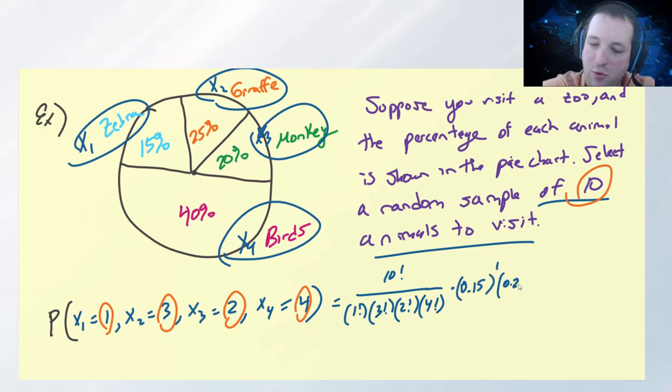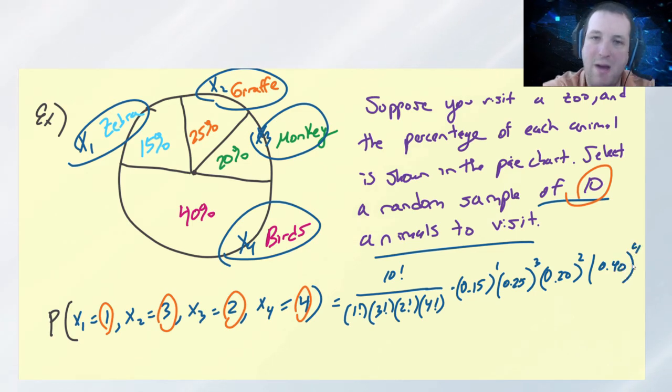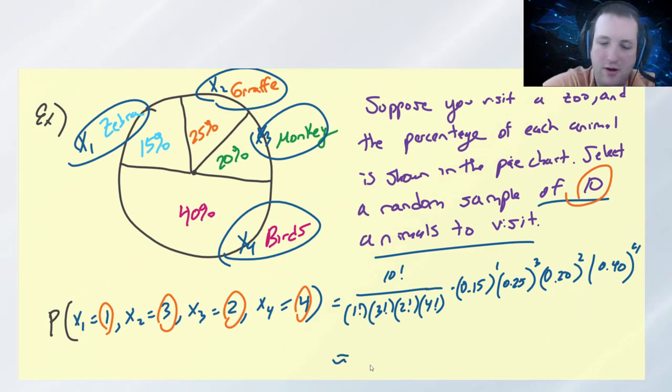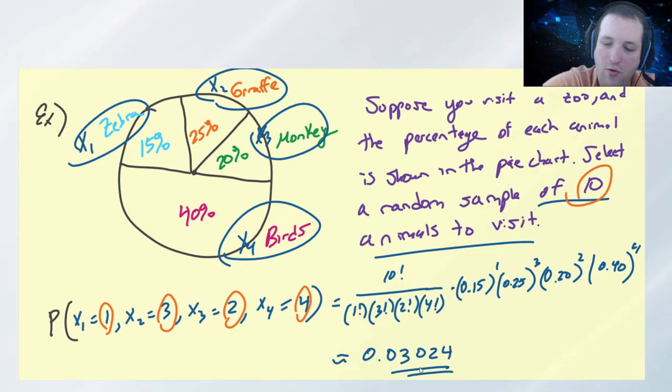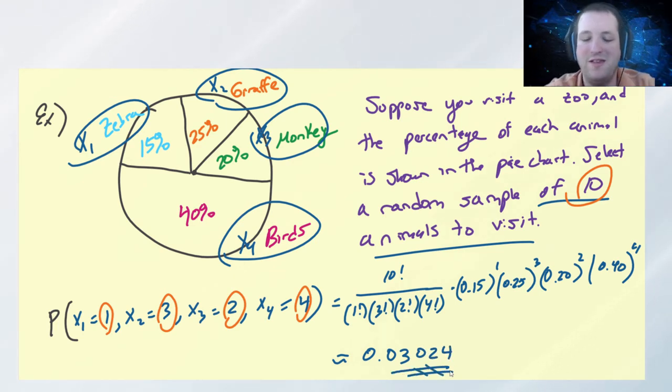Then 0.25 to the power of 3. Then 0.20 to the power of 2. And then finally 0.40 to the power of 4, right? Once we work out this problem, we're going to have about 0.03024. So the probability that we visit this particular structure of animals will be 3%.